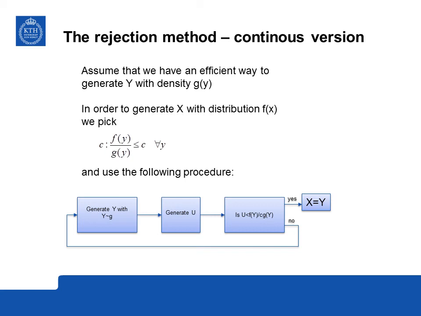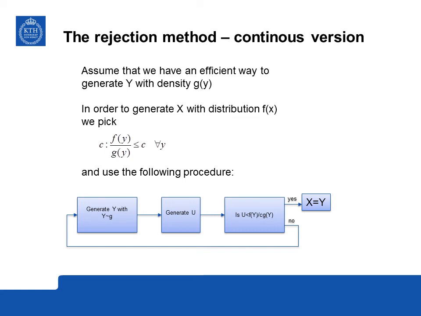And the procedure is exactly the same. We generate a Y with the distribution g, and then we generate a uniform variable, and then we make this comparison of the ratio between f and g. If the ratio is larger than the uniform random variable, then we pick X as Y, otherwise we repeat.